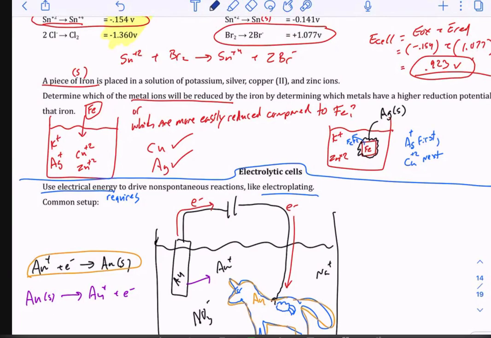Remember, the higher anything is on a reduction table, the more likely it is to be reduced. So in this case, the potassium and the zinc were below iron, so it's more likely that iron will stay reduced than potassium and zinc becoming reduced. Whereas silver and copper were above iron, so those are immediately reduced upon contact. And the one that's higher up is the one that will happen first. In this case, silver happened first.